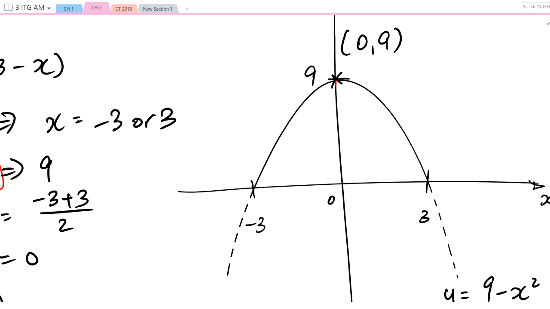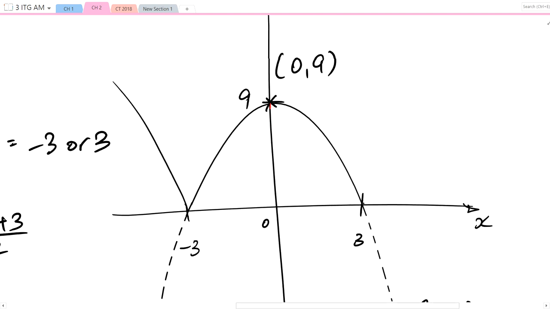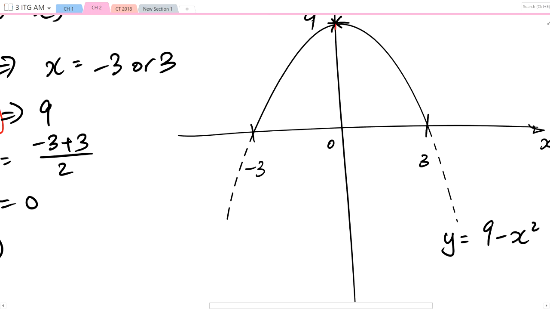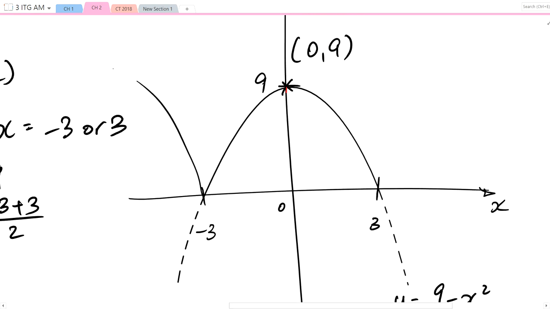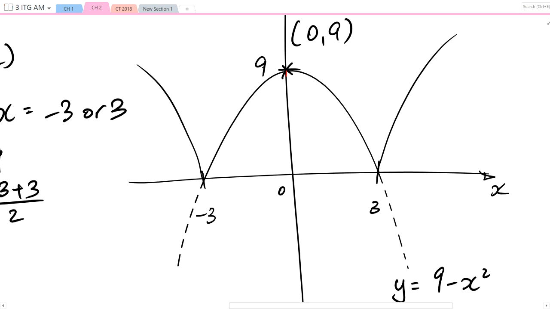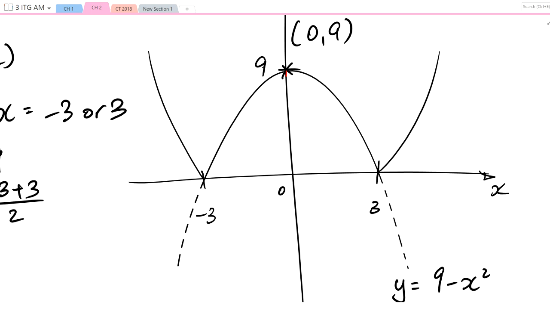Okay? With enough practice, you will realize that the graph should look like this. Okay, and it has to be symmetrical. And this is now our graph of y equals to modulus 9 minus x squared.